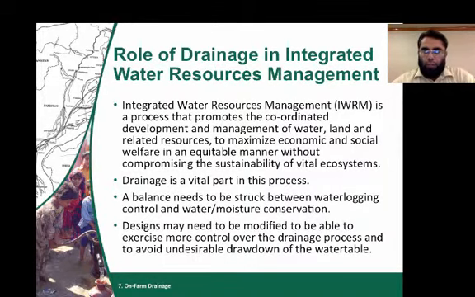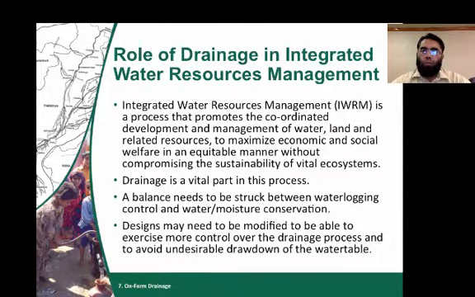Okay, the curriculum which we are going to develop is integrated water resources management, which is basically a process that promotes the coordinated development and management of water, land, and related resources to maximize economic and social welfare in an equitable manner without compromising the sustainability of ecosystem.